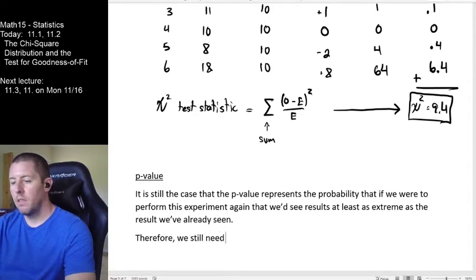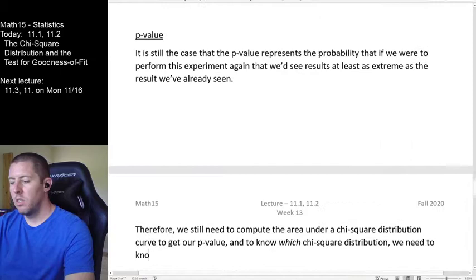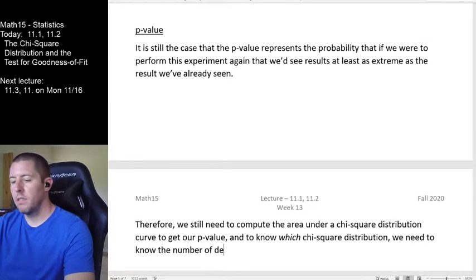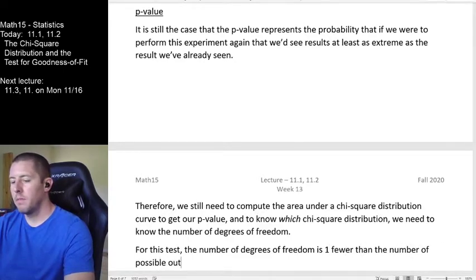Therefore, we still need to compute the area under a chi-square distribution curve, and to know which chi-square distribution, we need to know the number of degrees of freedom. For this test, the number of degrees of freedom is 1 fewer than the number of possible outcomes.